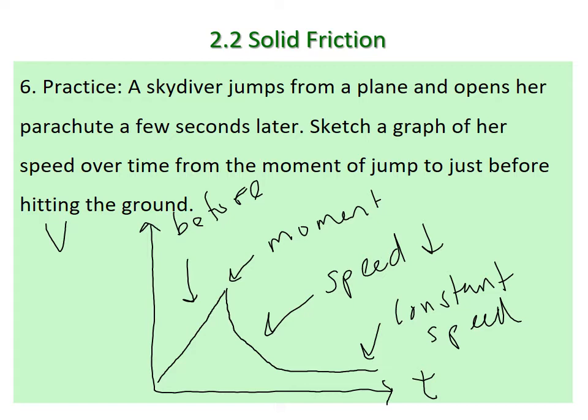And the reason her speed is constant is because the drag force of the parachute, F drag, matches the weight of the parachuter. Okay, so that's a constant speed. If you have a net force that's 0, just remember you can either have no velocity or you could be moving at a constant velocity. All right, I'll see you for practice problem number 7.